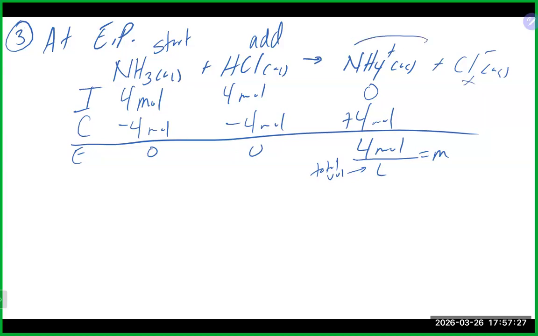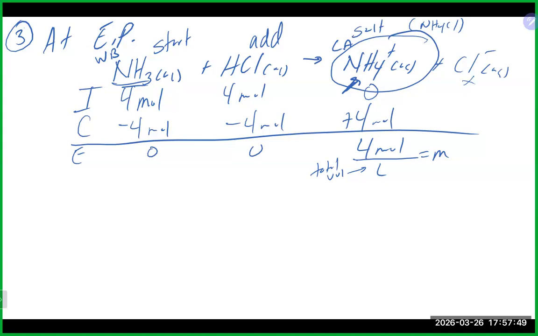At this point, we basically have a salt left over. And this salt really is ammonium chloride. And because obviously this guy here comes from NH3, which is a weak base, this would be a conjugate acid, and it means it will go through hydrolysis.